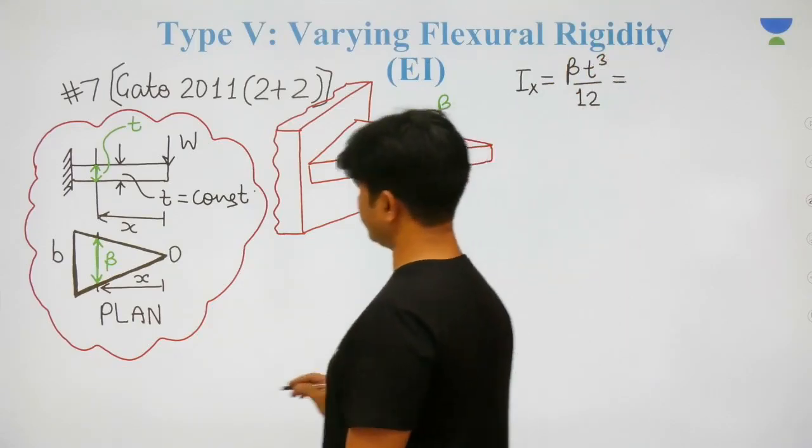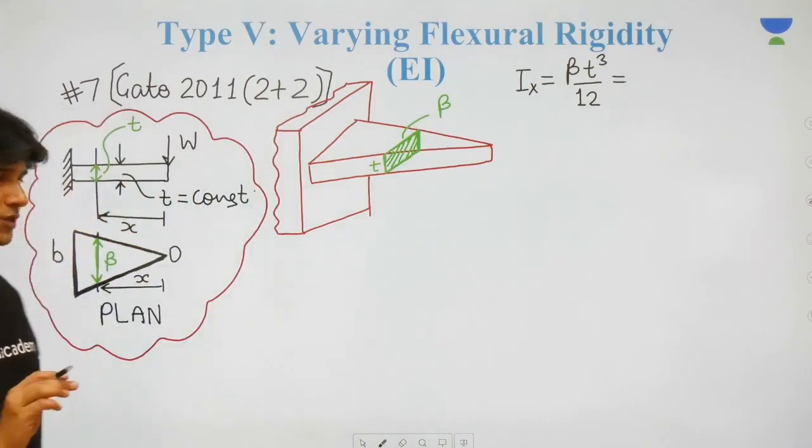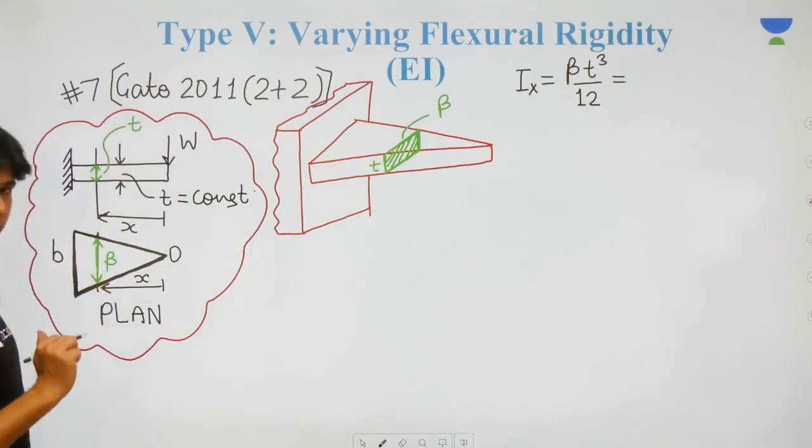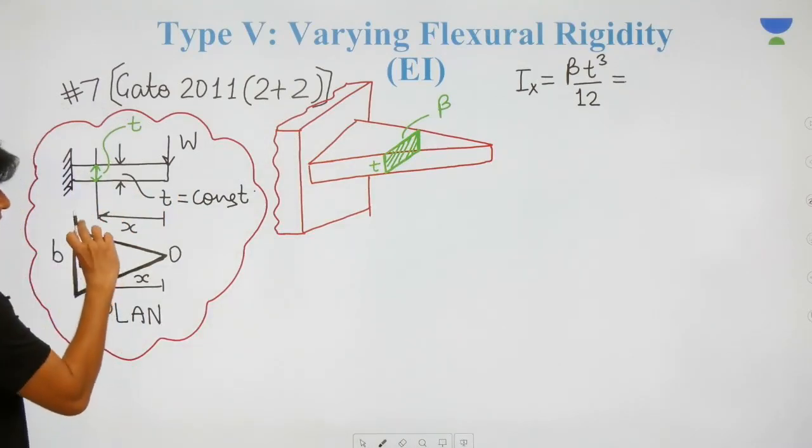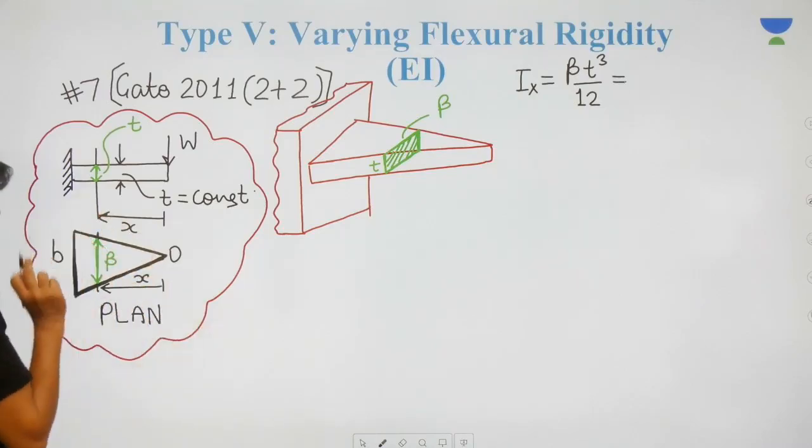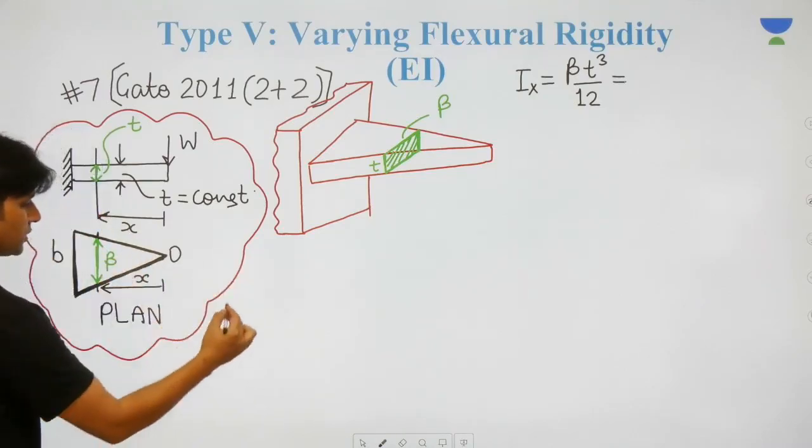Now what about beta? Beta is not given in the question. In the question b is given, but you can very easily relate beta with b using similar triangles.